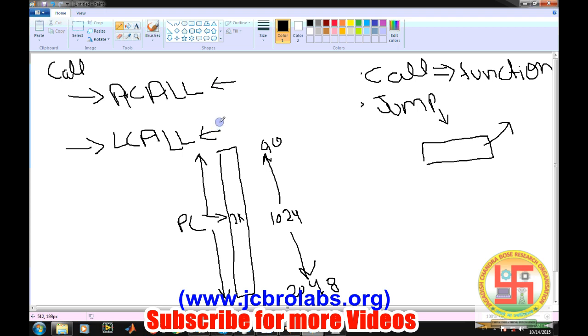We generally use ACALL for saving memory, because it uses one byte less than LCALL, and when we write an embedded system, each byte of memory is very crucial. Now this was the difference between LCALL and ACALL. Now what is happening in that case?